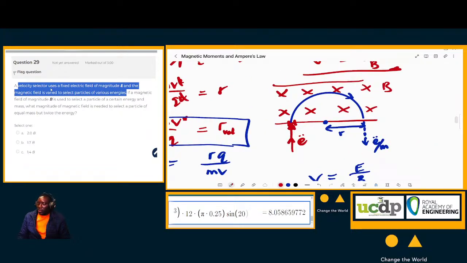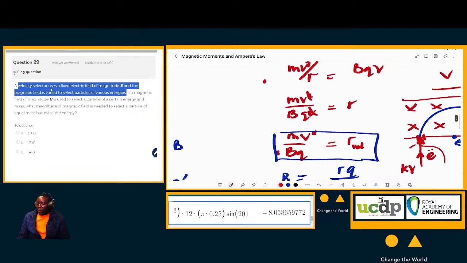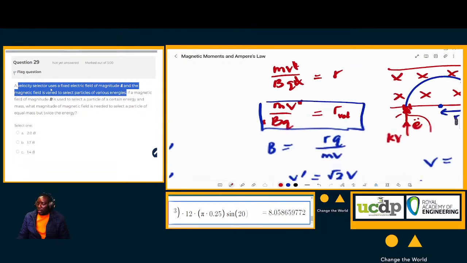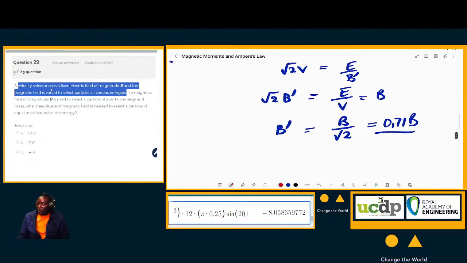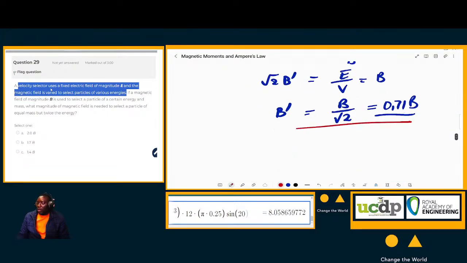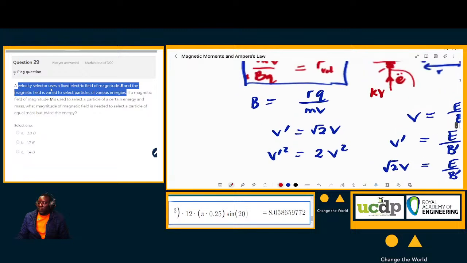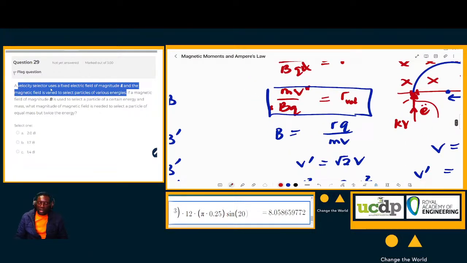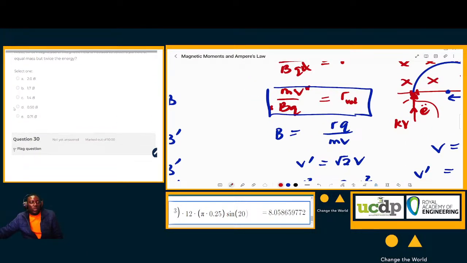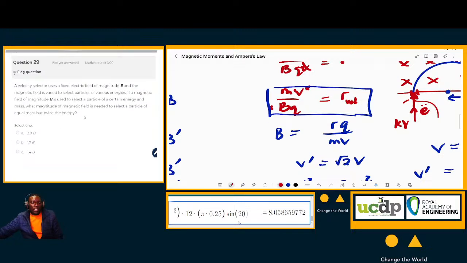The electric field is only used in accelerating particles, so it will be like a kilovolt potential to accelerate particles, and it's only the magnetic field. So for our case, we're going to consider this, which we calculated first, where we have 0.71b based on the two crossed fields. So we'll use 0.71b for the two crossed fields, which makes E our most appropriate answer.